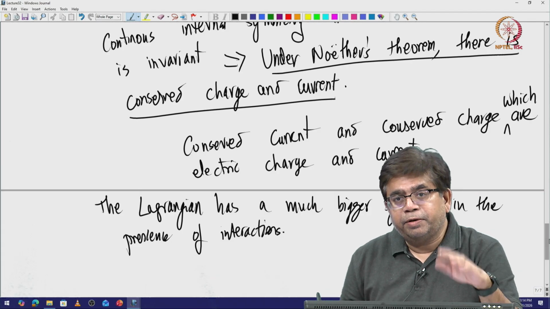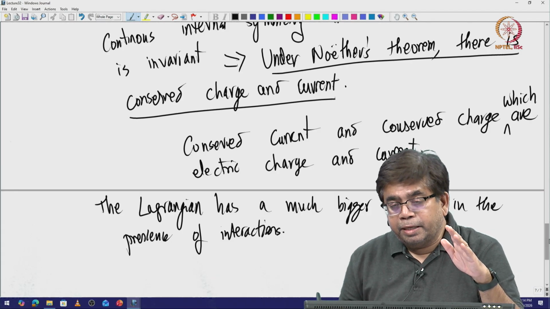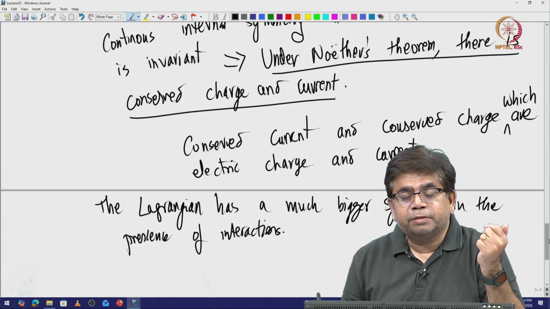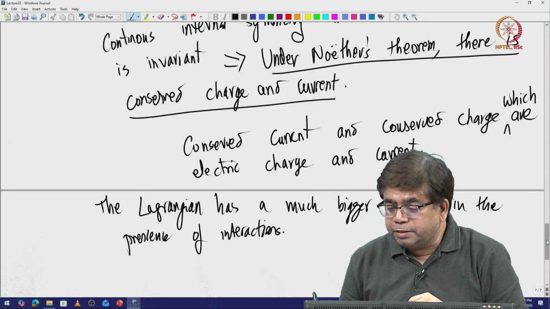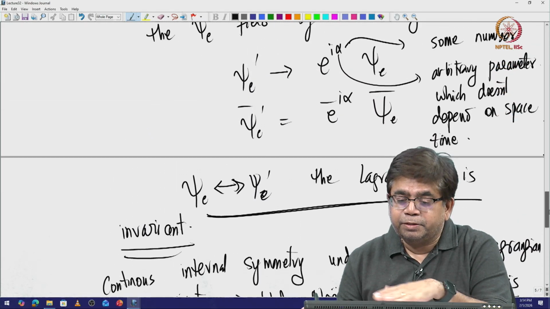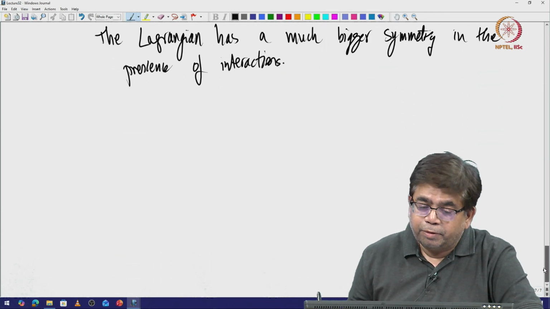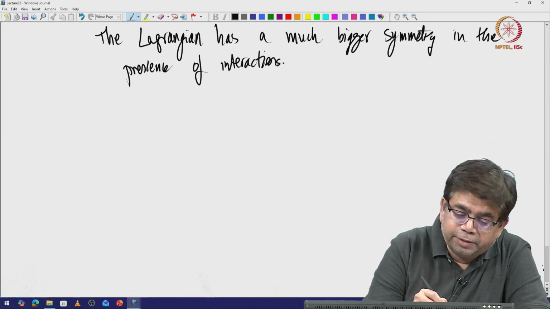But in the presence of interactions there is a much stronger symmetry which is valid essentially. So in the presence of interactions it is not just a global phase rotation which is valid, but you can also have local phase rotations.